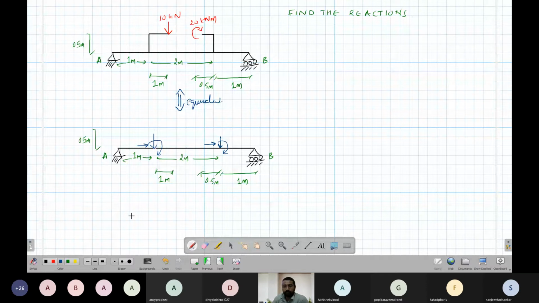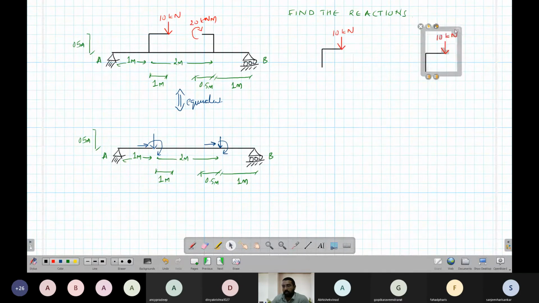First we'll take this structure. So this is my system 1. Take another copy, it's my system 2.